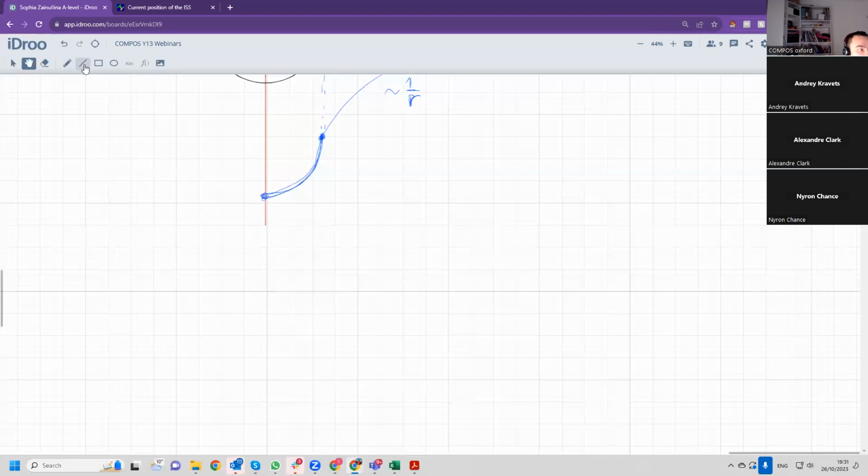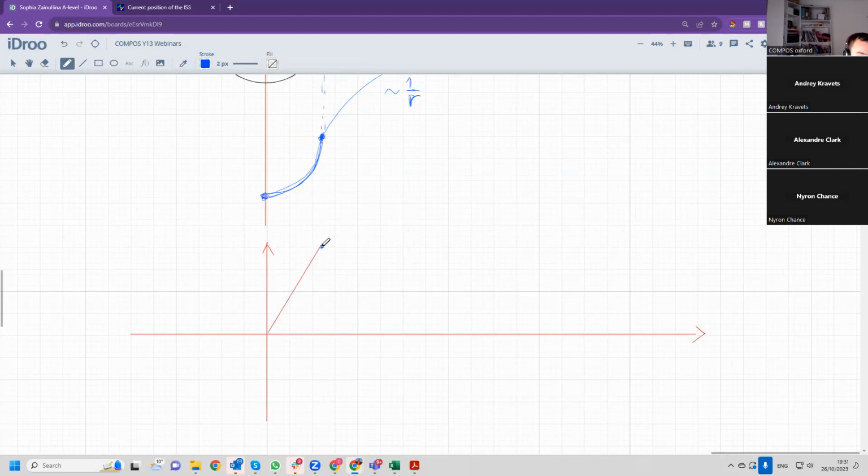And why is it like this? Well, if you remember the gravitational field, it goes like this, and then like this.